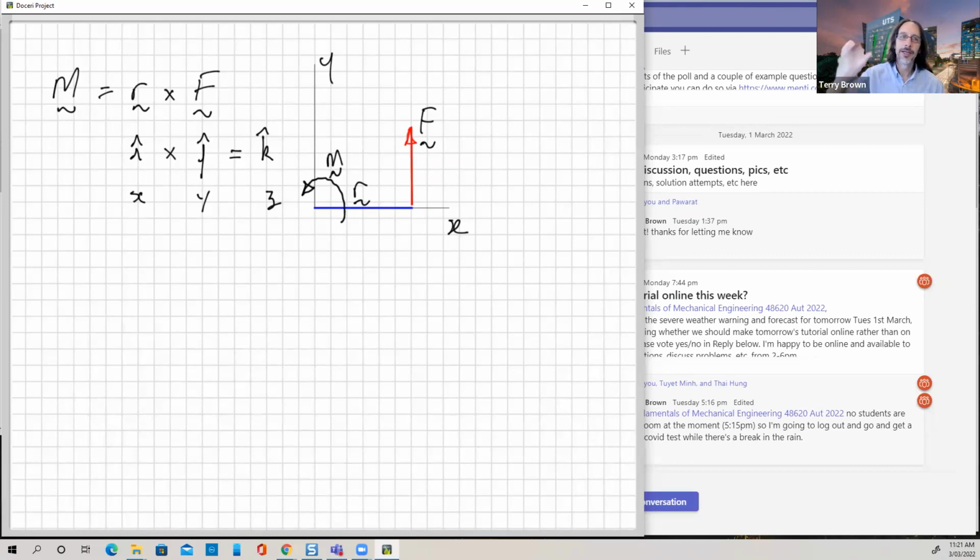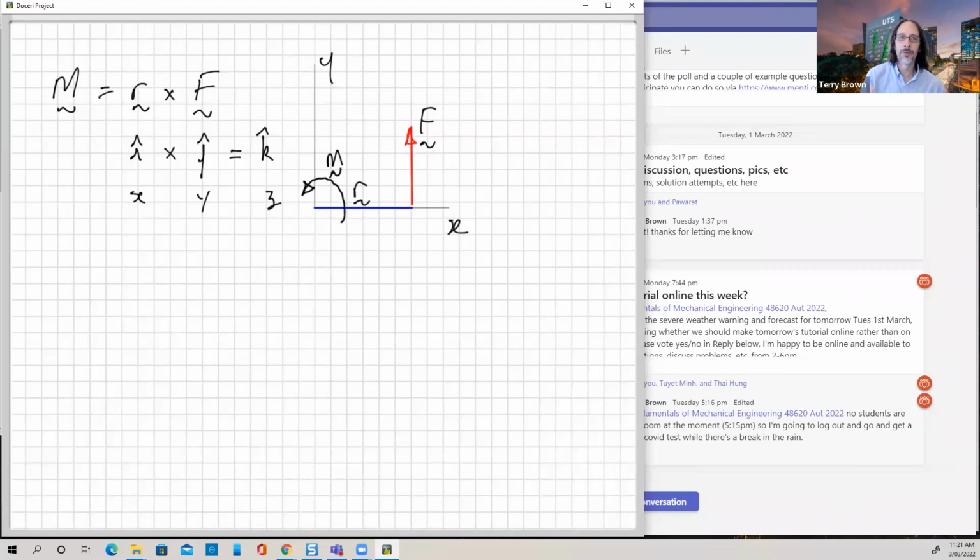So if it's coming out of the page, using the right-hand rule, you probably need to do it for yourself. I'm not sure if this is working in the mirrored video, but if you're looking at the page, the direction of your turning of your right hand, the thumb points in the direction of the positive axis.